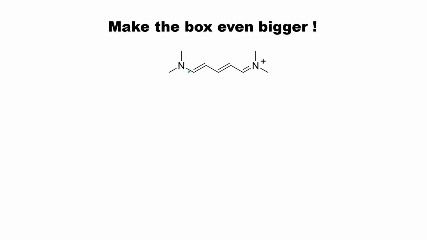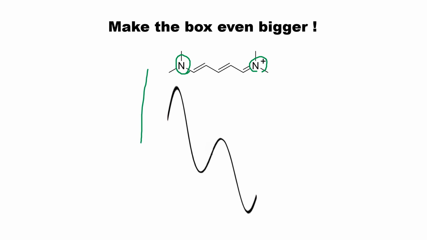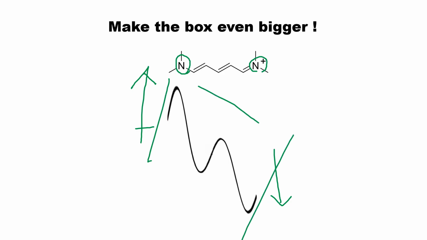If you add another motif, here is an electron donating group and here is an electron accepting group, because this is electron deficient, then for the particle in the box, on this side the energy is increased and on this side the energy is decreased. The practical size of the box is becoming bigger, and also a strong electron dipole moment forms, and this dipole moment can generate the power of absorbing a lot more light, and this is the main principle of modern dye synthesis.